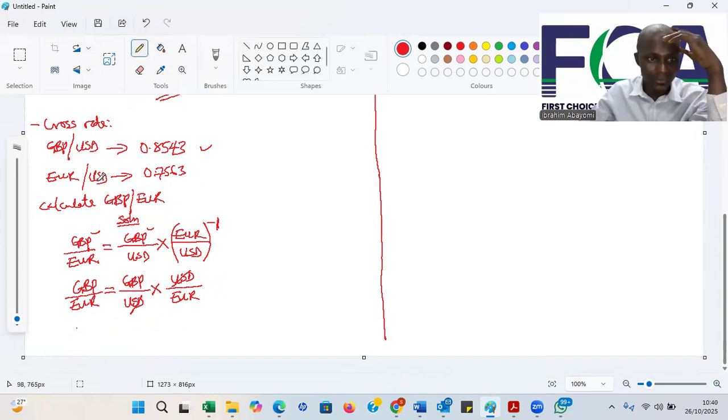Now to solve this question, I have my GBP EUR to be equal to, what's our GBP USD?